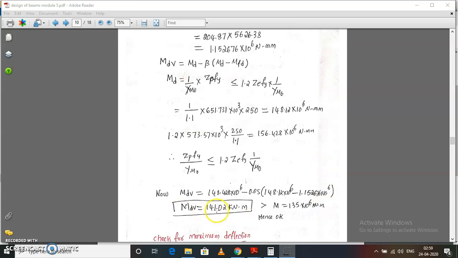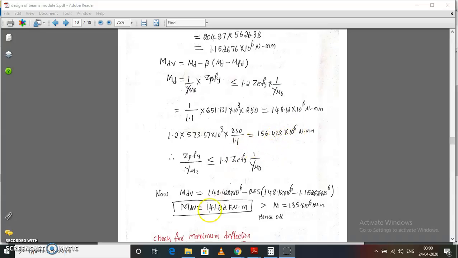So MdV equal to 141.026 kilonewton meter, and this value should be less than or equal to 1.2 times Ze fy into 1 over gamma m naught, that is equal to 1.2 into Ze, the elastic section modulus 573.57 into 10 power 3, into fy 250 over 1.1, that is equal to 156.428 into 10 power 6.